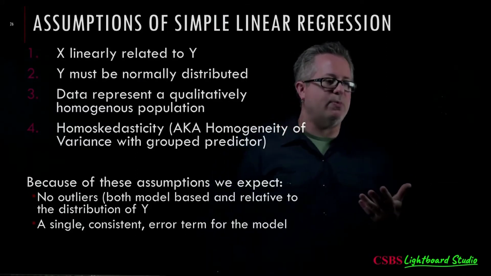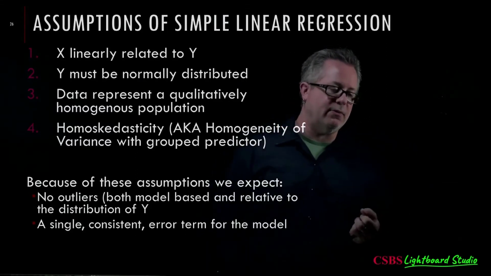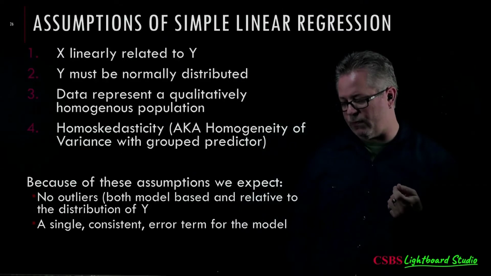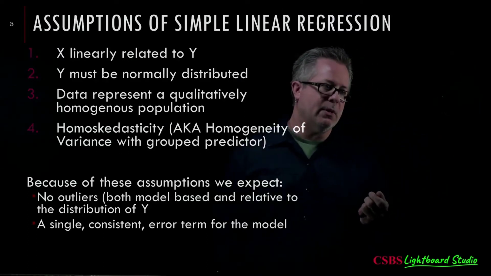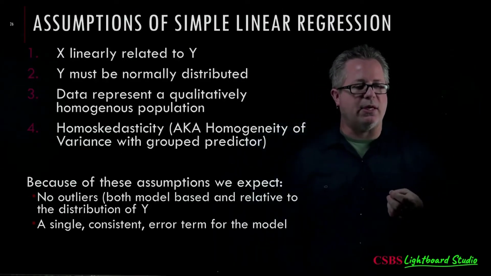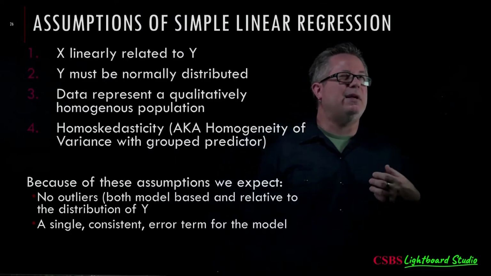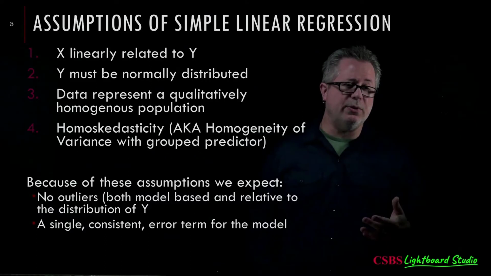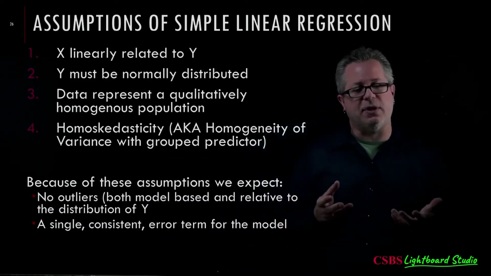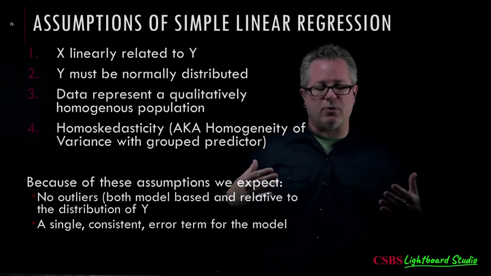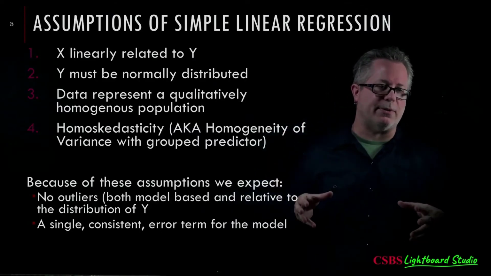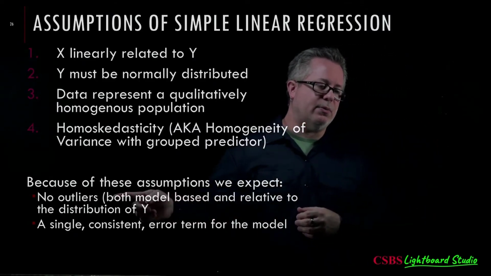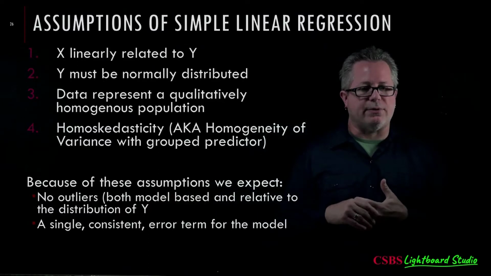The ones you may not have heard of are things like homoscedasticity, even though you have; you just haven't heard that term said that way. But this idea that data represent a qualitatively homogeneous population: we're trying to generate a model that explains what's going on. To do that, we're assuming there's just one thing going on, that this particular model applies to everyone in the model. That's where we assume things like no outliers.